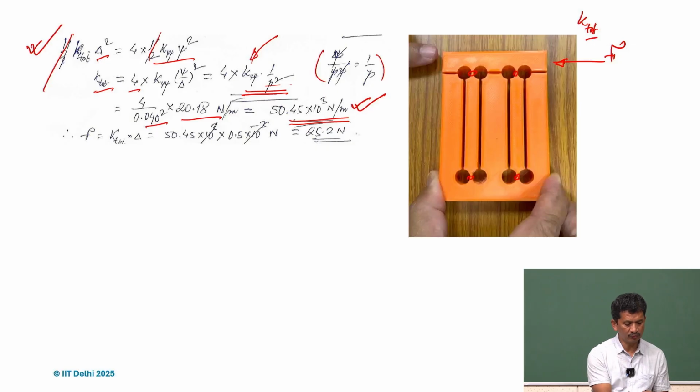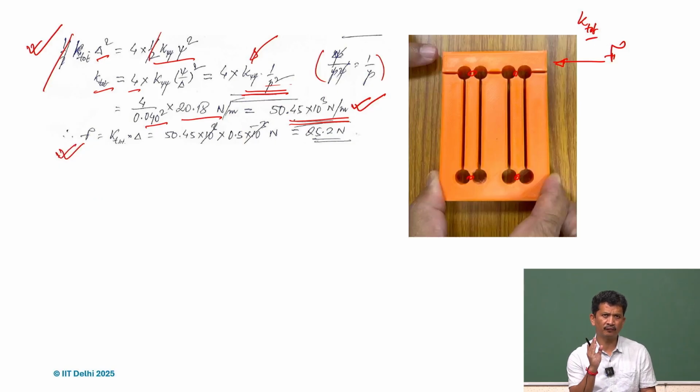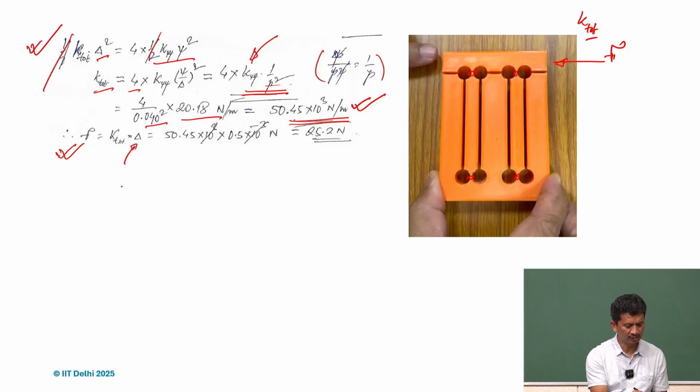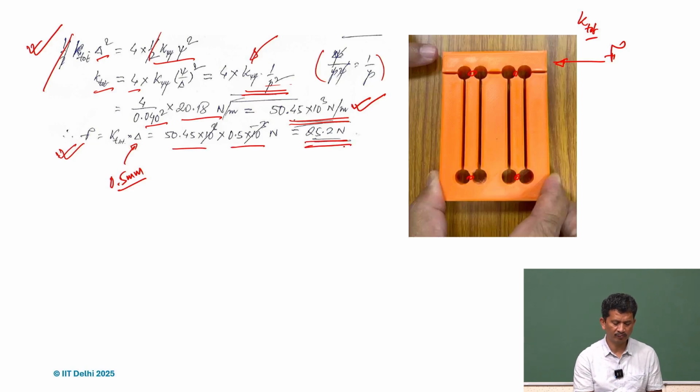If you want to calculate the force, what is the actuator force or actuation force for that delta deflection, which is 0.5 millimeter in this case, we just plug that value in, and then the actuation force will be 25.2 Newton.